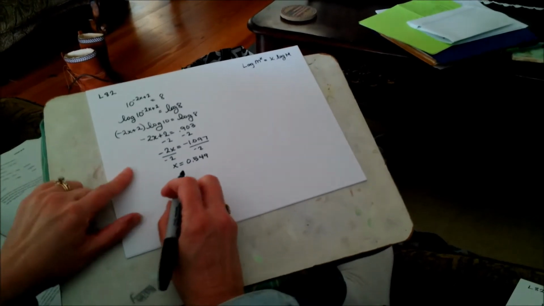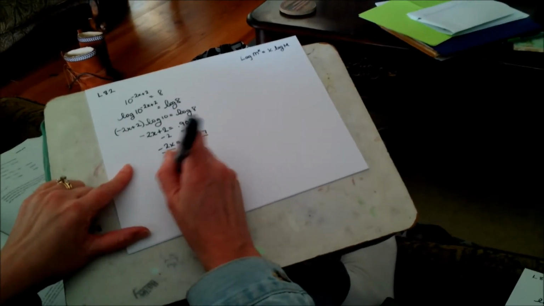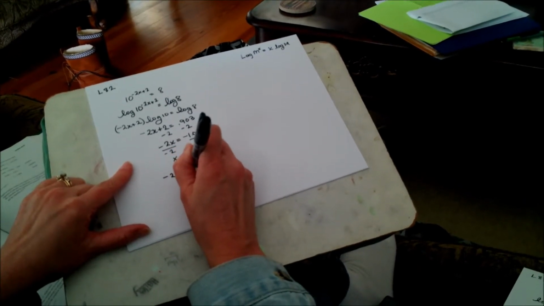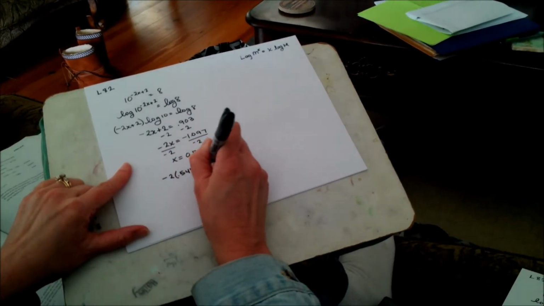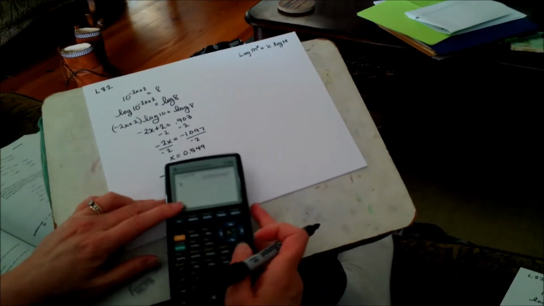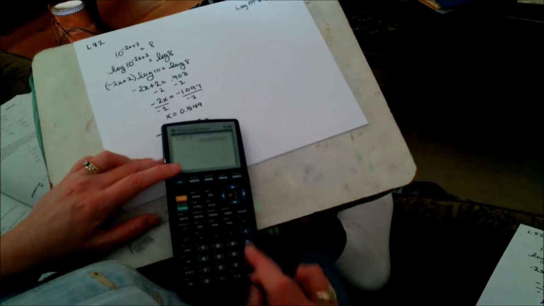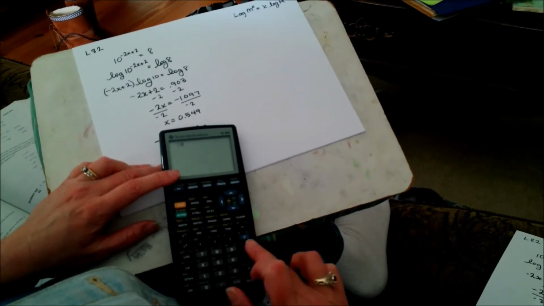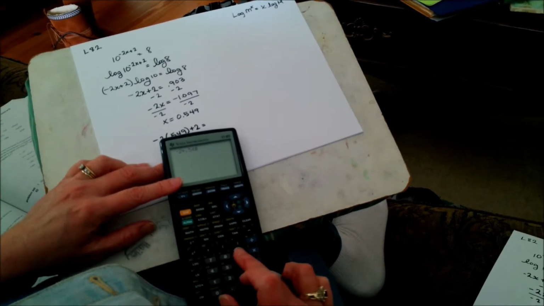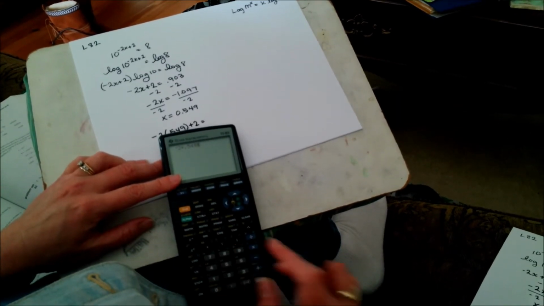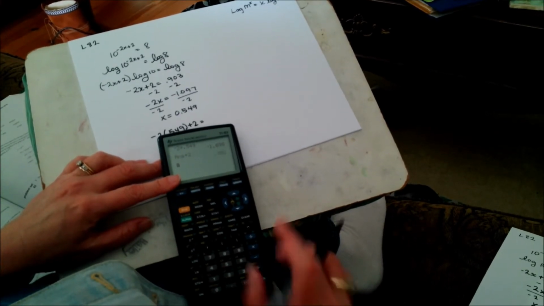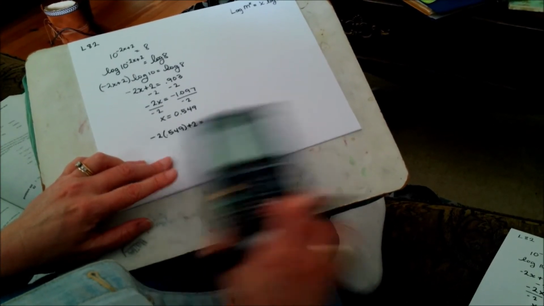So this says that if I take negative 2 and multiply it by 0.549, and I add 2, so I'm going to take the opposite of 2, multiply it by 0.549, and add to that 2, I'm going to get 0.902.